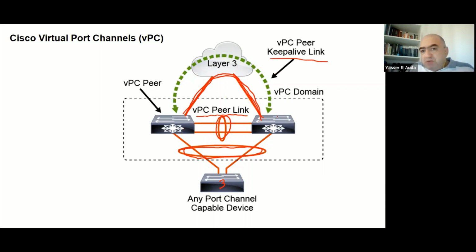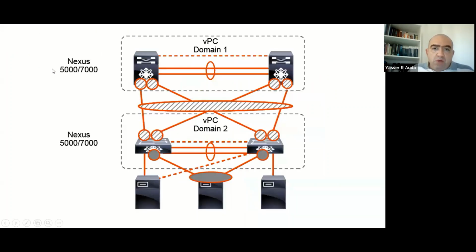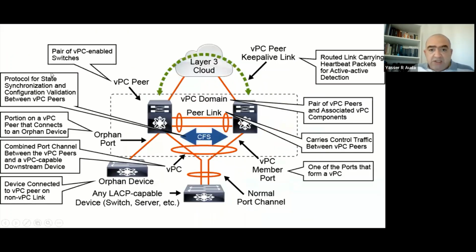And these two switches, with these two links in the middle, with each one of them having a port channel link connected to this physical switch, all this is represented in what we call the VPC domain. This is from the Cisco perspective. As you can see here, we have the same thing, maybe with some extra information. This is an orphan port. Orphan port means it is not connected to a VPC link.